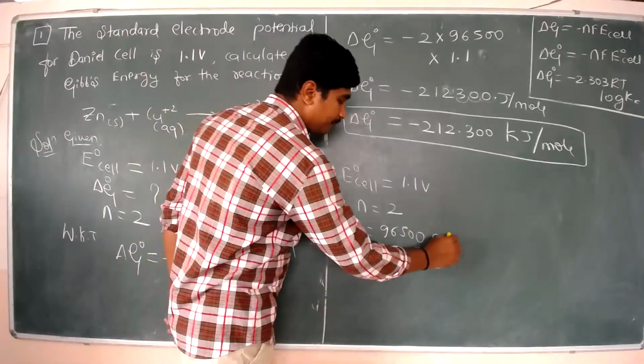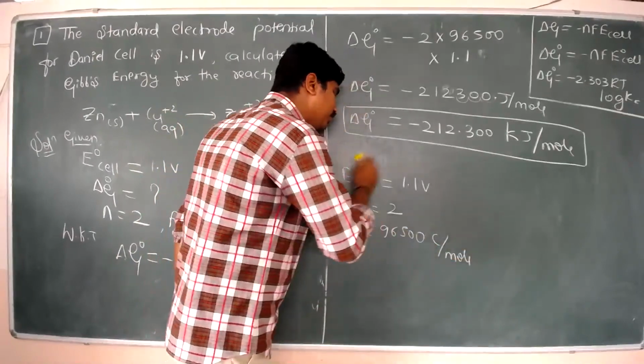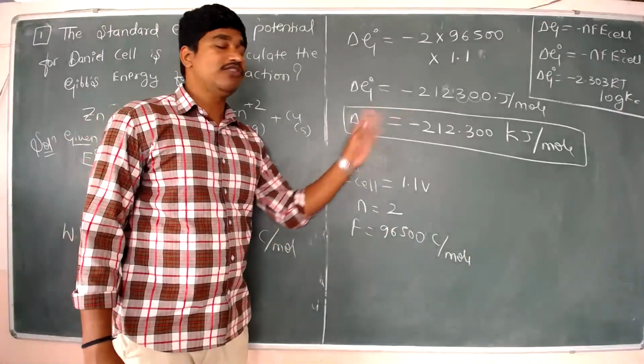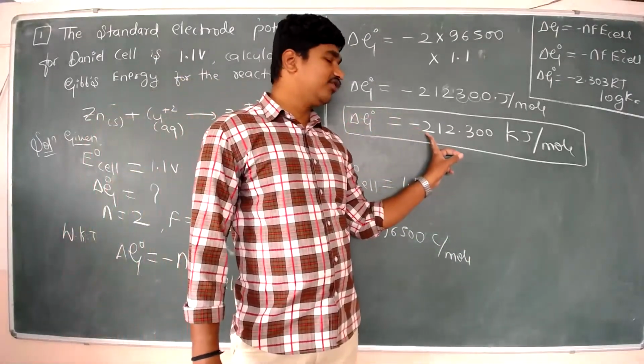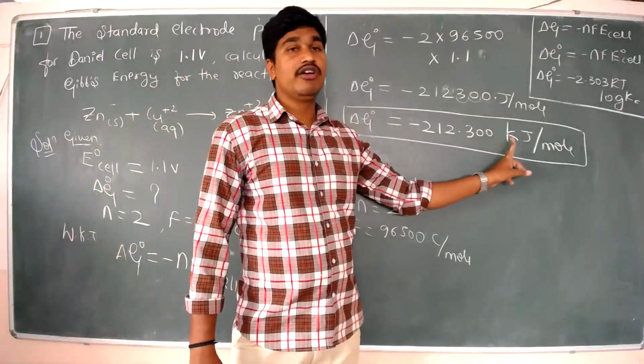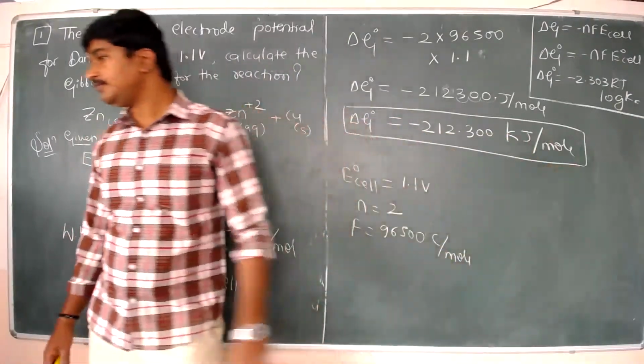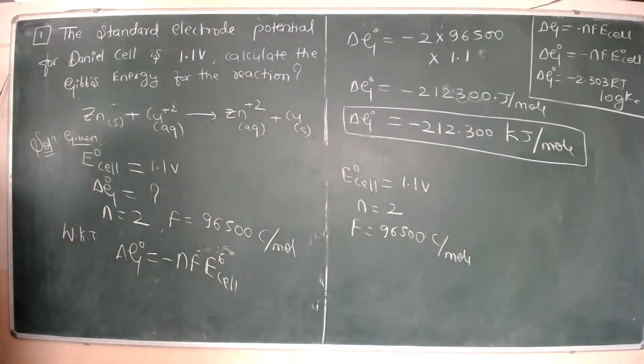Faraday's value we already know, how much is it? 96,500 coulomb per mole. By substituting all the data for the Daniel cell, you can calculate the delta G naught value. That should be equal to how much? Minus 212.300 kilojoule per mole. Clear?